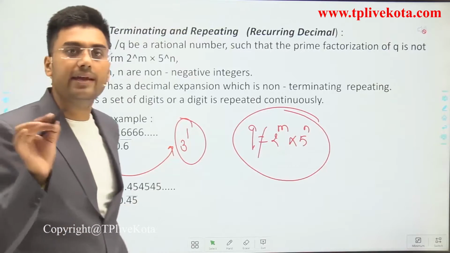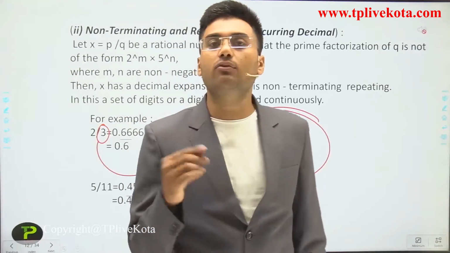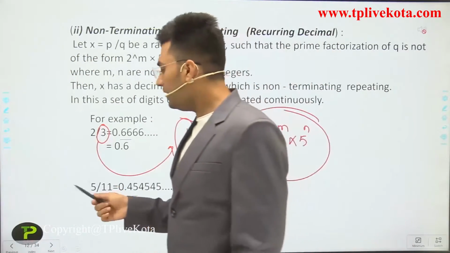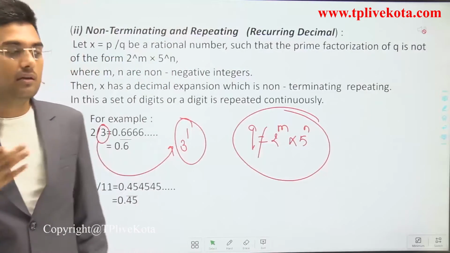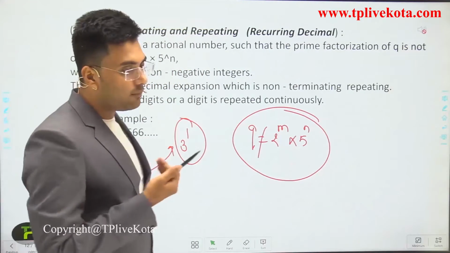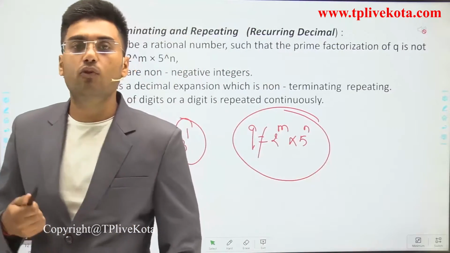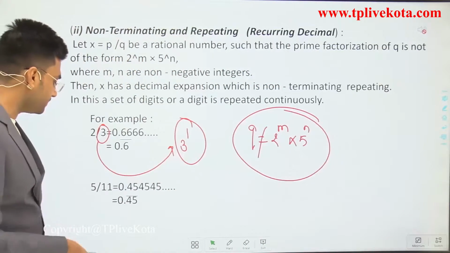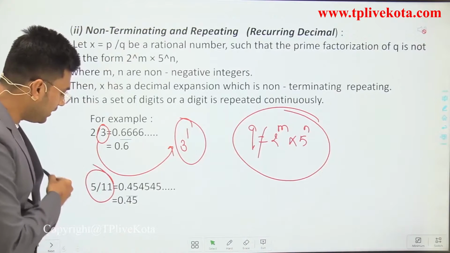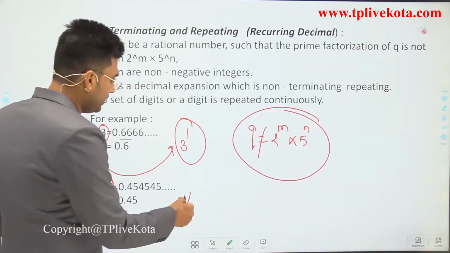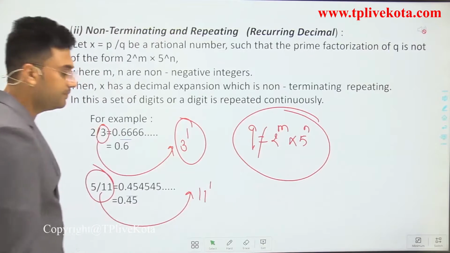And if you want the exact value of 1 by 3, then you have to divide it. But if you just want to know which type of decimal form it represents, then you just check the form of the denominator. For 5 by 11, the denominator is in the form of 11 power 1.